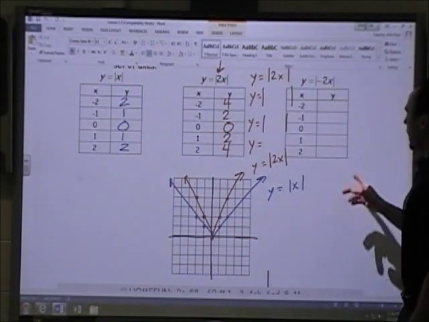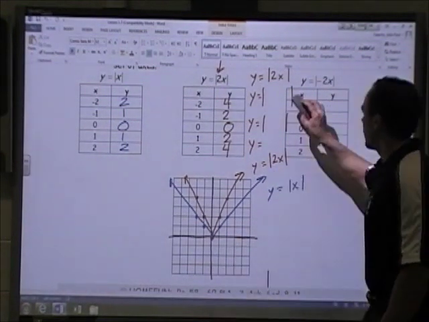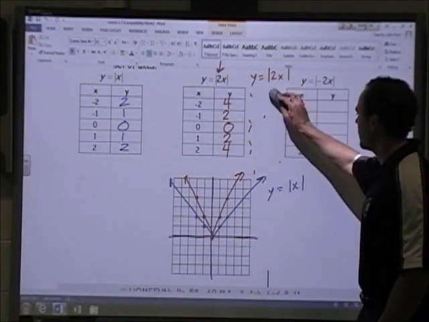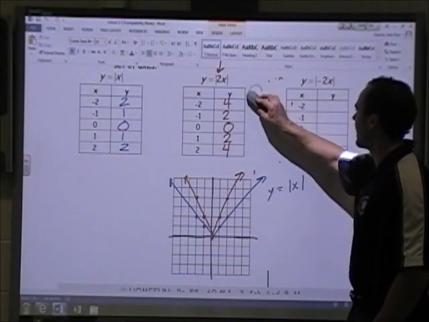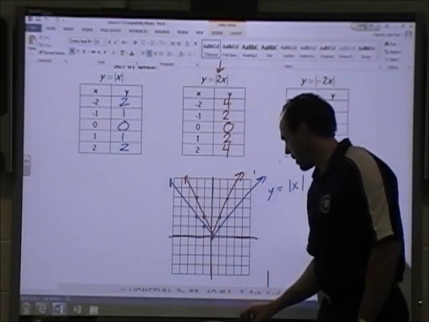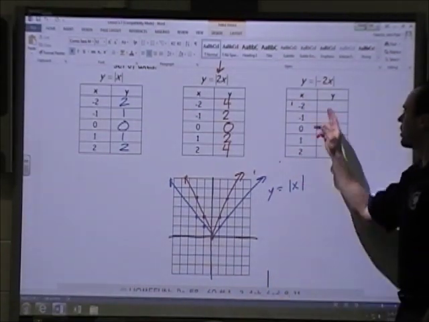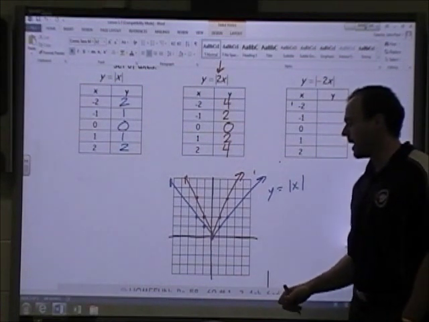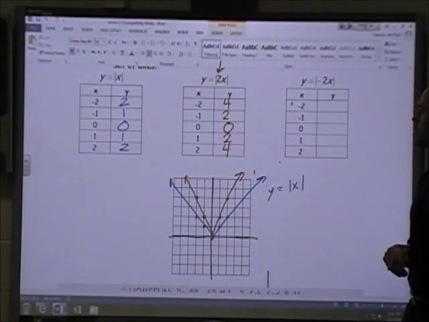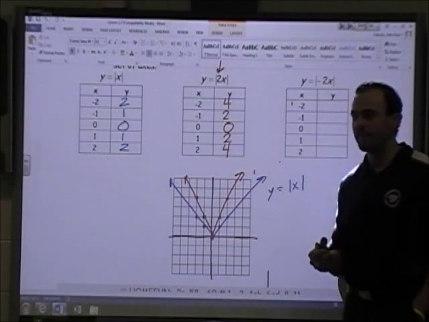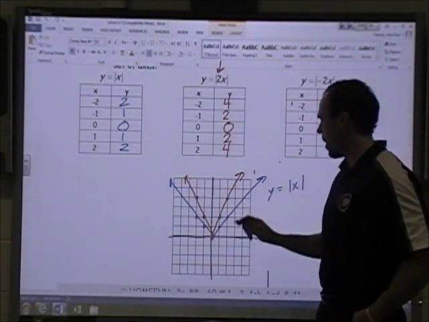Okay? And then of course our last one here, as you can see, we already know what that negative sign does. Okay? But I'm going to try to do this all in one shot. We know what the negative sign does. The negative switches our x values to negative, or it's going to be a reflection in the y-axis.